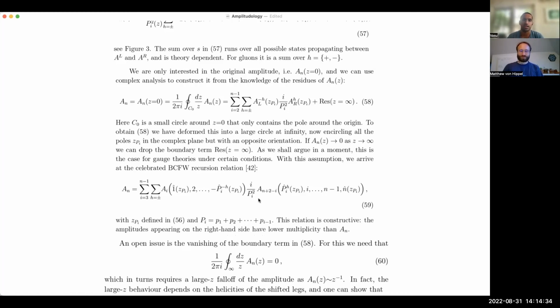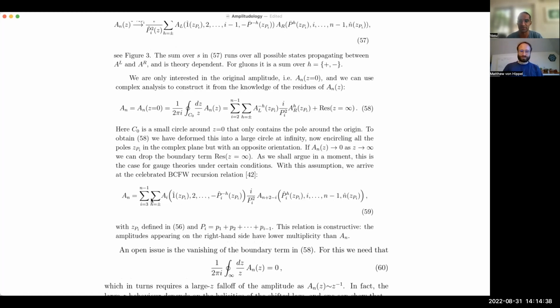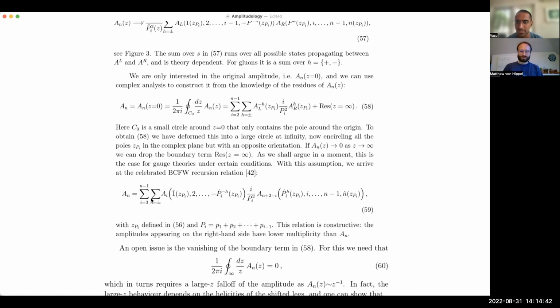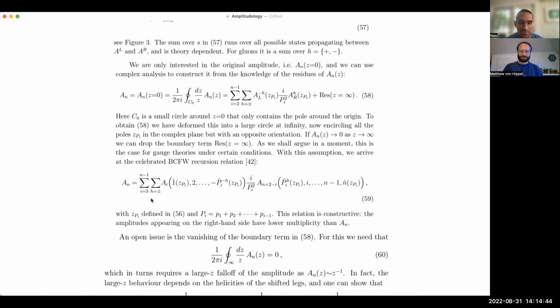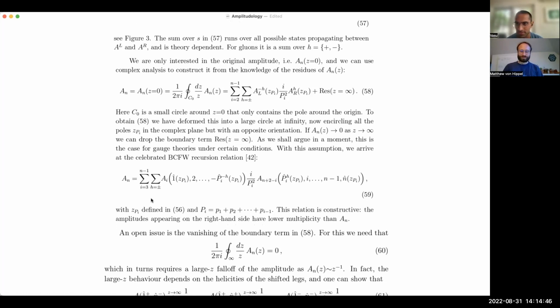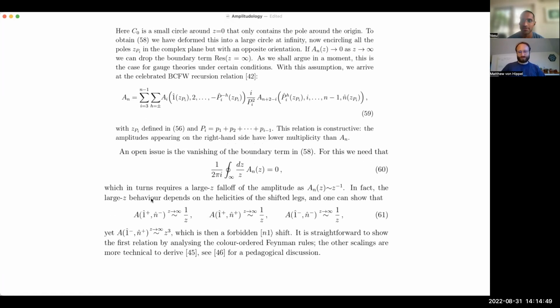And of course, the starting point for this, you need some minimal amplitude, and knowing the 3-point amplitude is of great help here, because you can presumably kick this off starting from there.